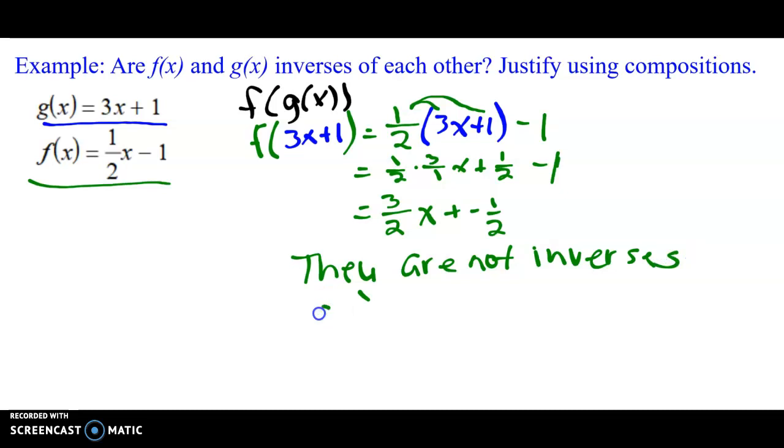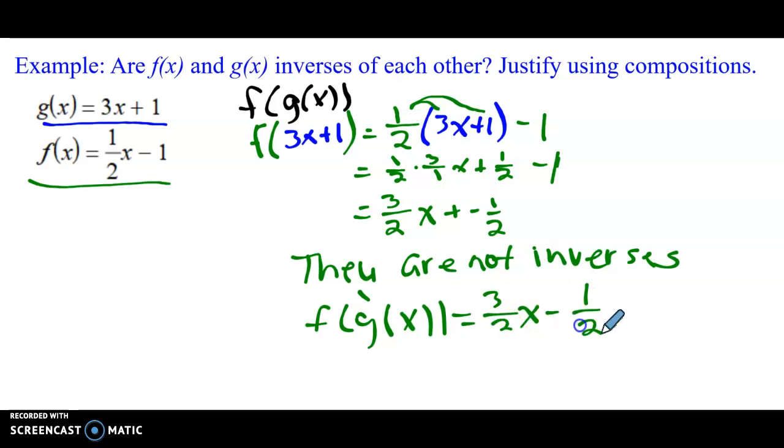Why not? Because f of g of x is equal to 3/2 x minus 1/2. Okay. Hope that helped. Have a wonderful day.